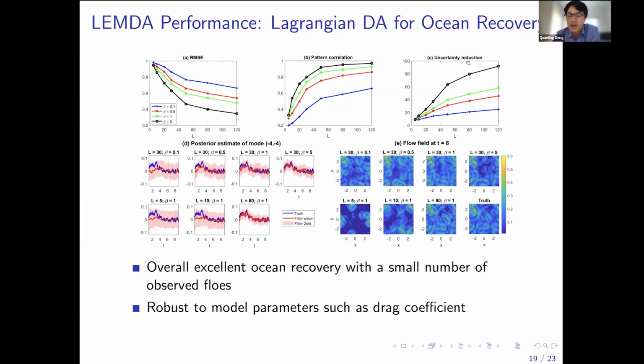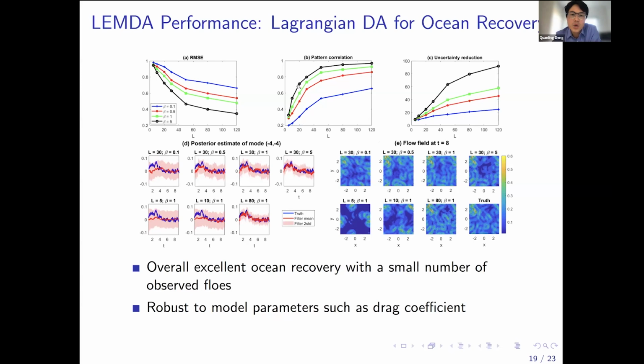So this is uncertainty reduction. Similar behavior we observed. This is the ocean field recovered at time t equals 8 in non-dimensionalized time. So overall, we have this Lagrangian data assimilation performing well if we have a sufficient number of observed particles, like 10 or 20, for example.